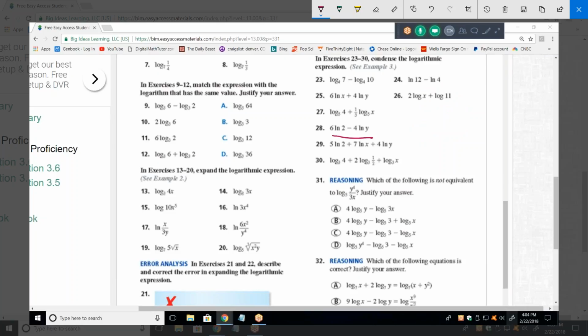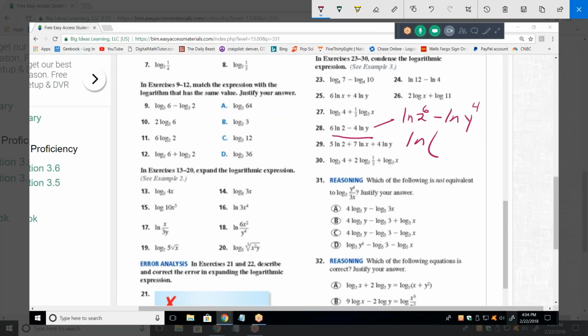You don't have to do these in one step. Let's do it in two steps. What's the first step? ln of 2 to the 6th minus ln of y to the 4th. Now do the second step.